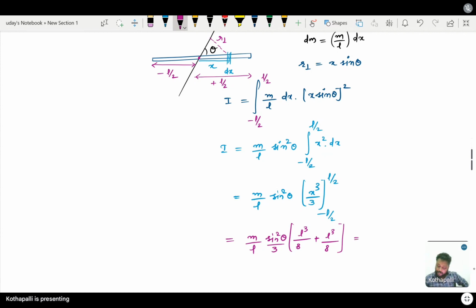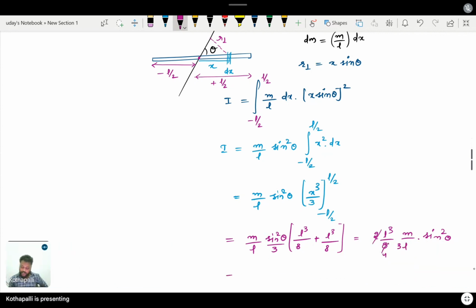So the answer will be 2L cube by 8 by 3 into M by L sine square theta, in which 4 times will get cancelled. So the final answer will be M L square by 12 sine square theta.